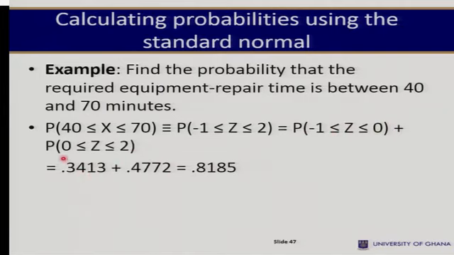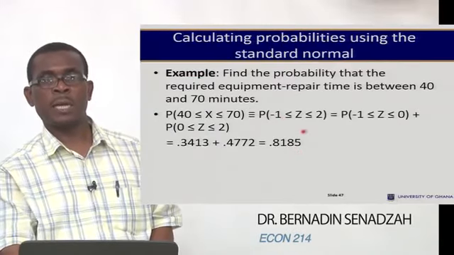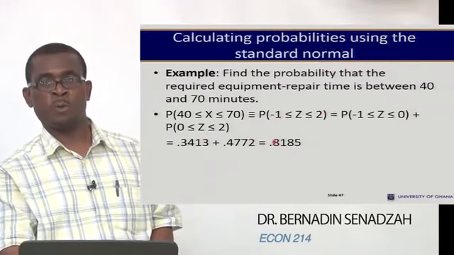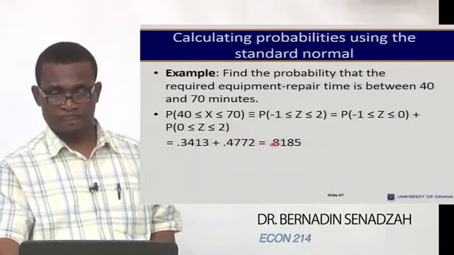And now between 0 and 2, when you read from the table, you read for 2.0 under 0.00, it is 0.4772. When you sum it, it is 0.8185. Note that we are applying the OR rule, the addition rule here.